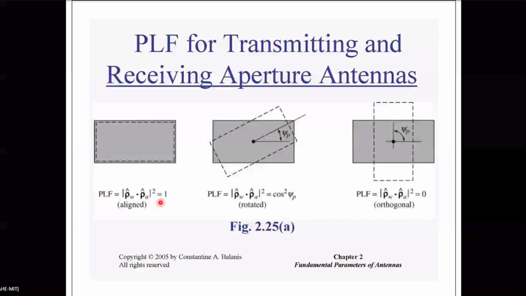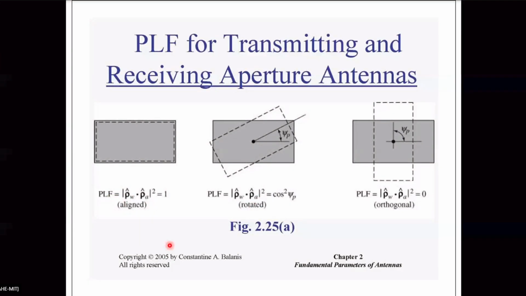If it is rotated, not aligned, then you have a non-zero value of psi p, so that is cos square, and you will get the PLF. If it is totally mismatched, that is 90 degrees, psi p is 0, so no power is coupled. Orthogonal. This is rotated. This is aligned.